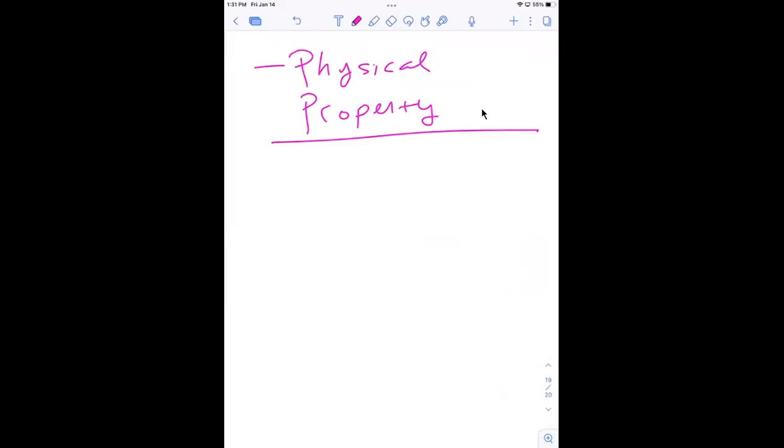Are you looking at macro characteristics or micro characteristics? Macro, right? Something tangible or visible that you can see with the naked eye. So a physical property is not associated with chemical composition.